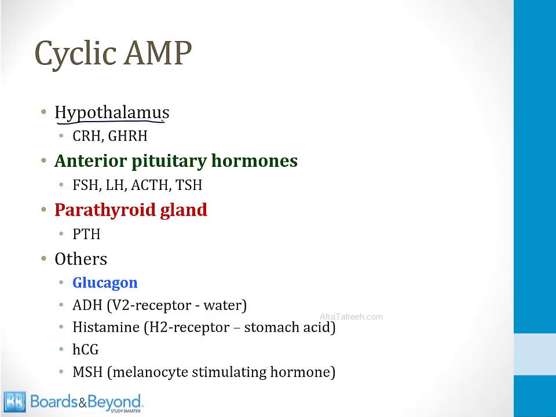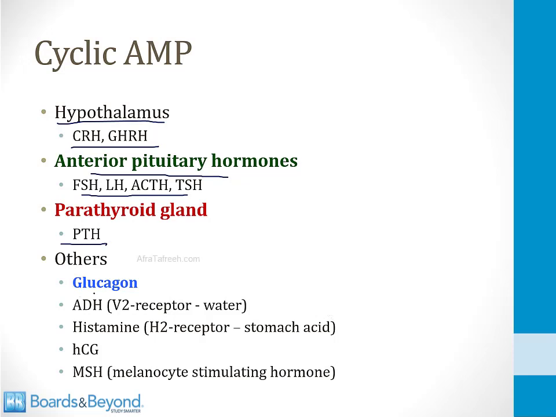In the hypothalamus, cells respond to CRH and GHRH through cyclic AMP second messenger systems. Many anterior pituitary hormones work through cyclic AMP, including the ones I've shown on the screen here. PTH in the parathyroid gland works through cyclic AMP, and then there is a collection of other systems that work through cyclic AMP.